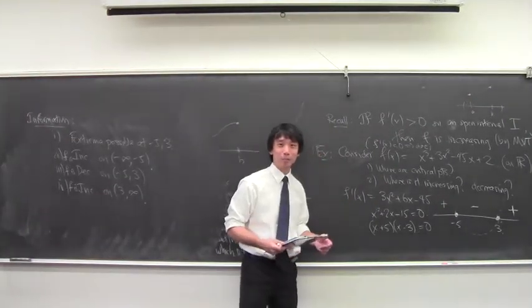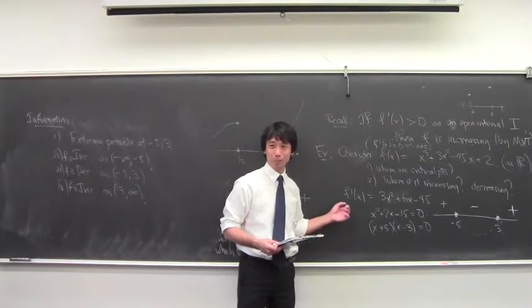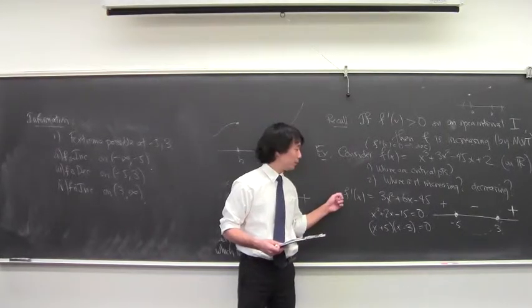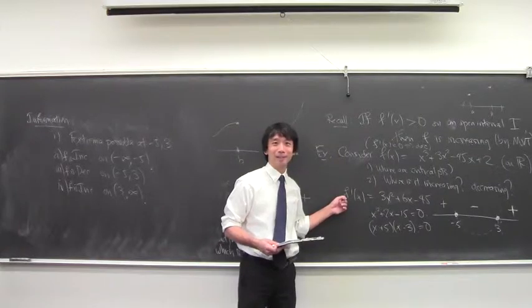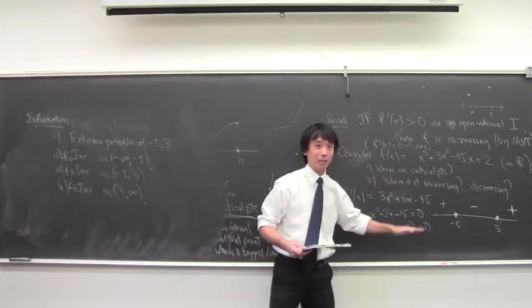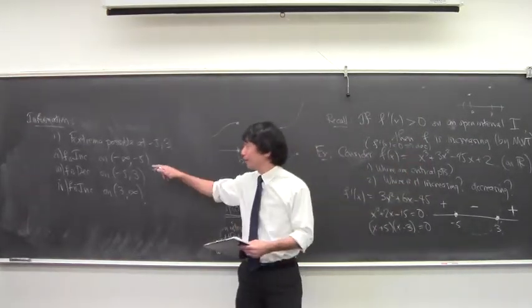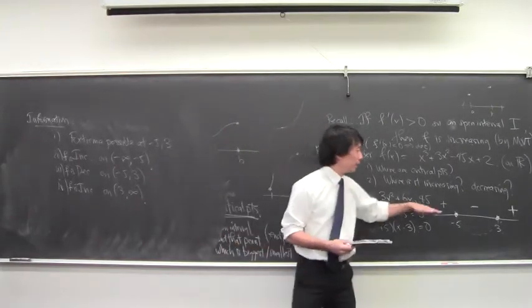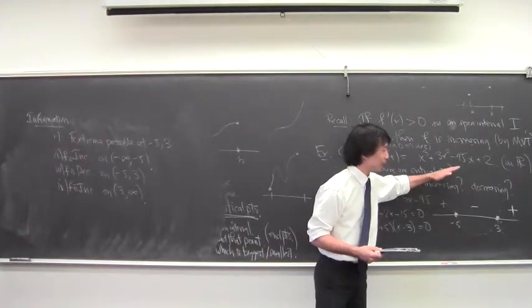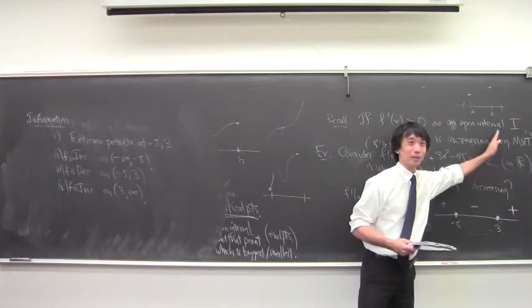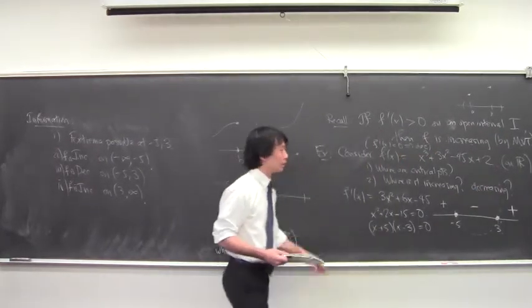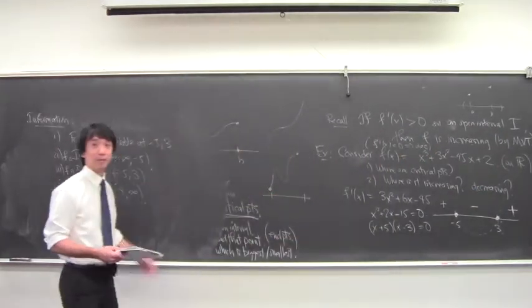Can somebody say what the confusion is here? This is the derivative. Oh, got it. The derivative is going down and then back up again, but the original function is increasing here, then decreasing here, then increasing here. Right, so the derivative tells you about the behavior of the original function.